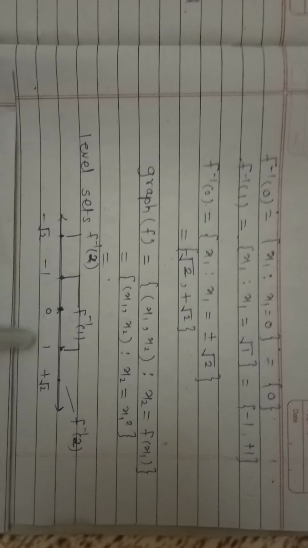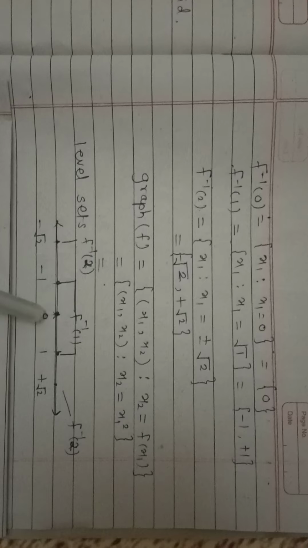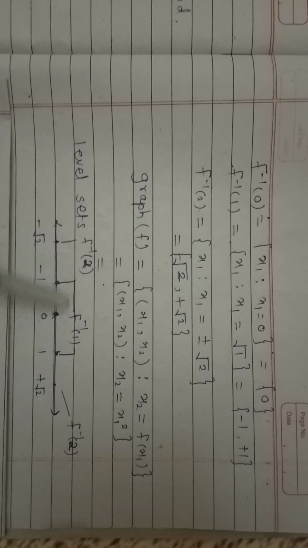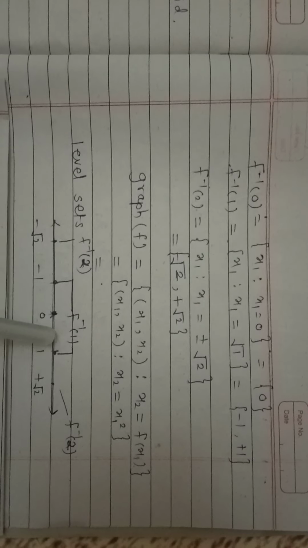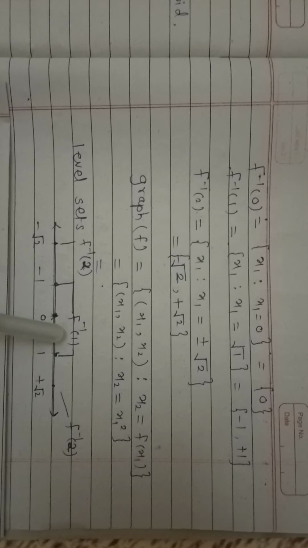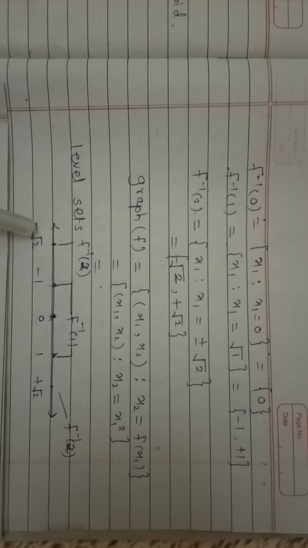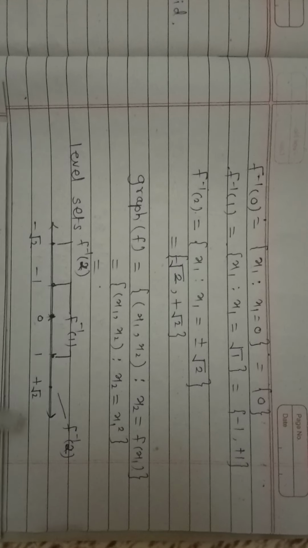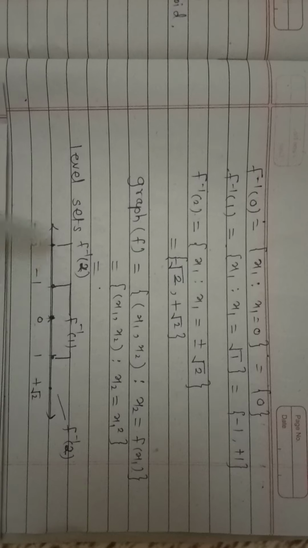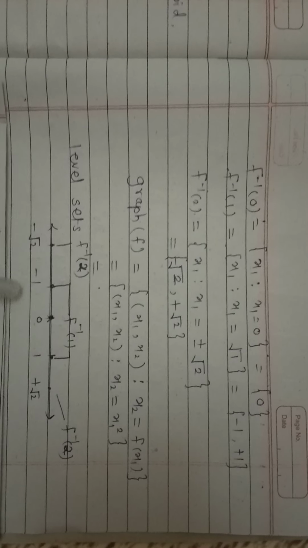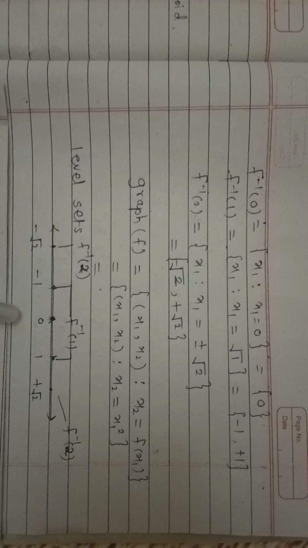This is the first level set, f inverse of 0. Again this is the pair of points f inverse of 1, which is the second level set. And again these last values, minus root 2 and plus root 2, which are connected, this last one is the level set f inverse of 2.